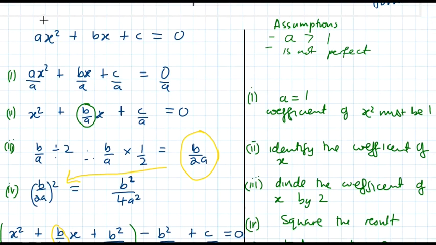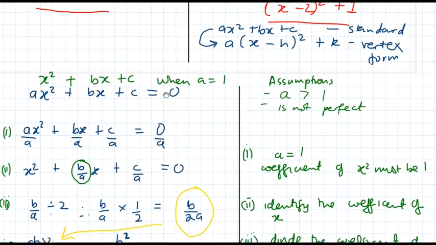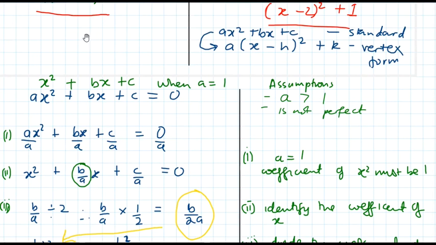If A is 1, then our standard quadratic expression will be this form. And in that case, our vertex form would also change. It will be (x minus h) squared plus k, because A is 1.